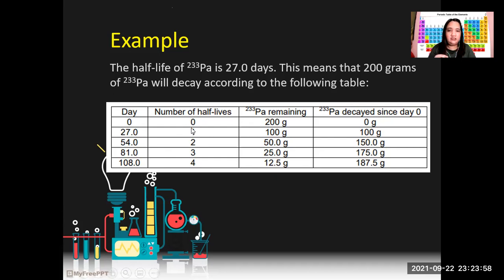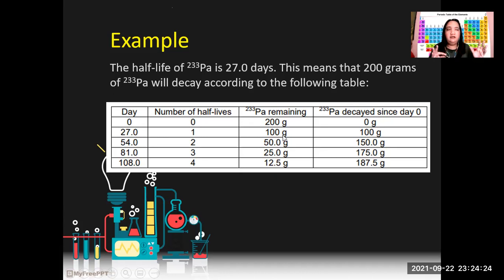You can see it from this table. Therefore, 100 grams has decayed, and the remaining from the original is just 100 grams. Then we take another 27 days, so that will be day 54. The number of half-lives consumed will be 2, and what's remaining, you have to divide again by 2.